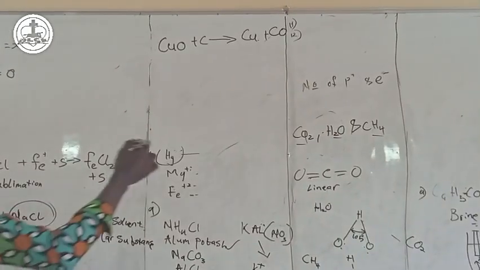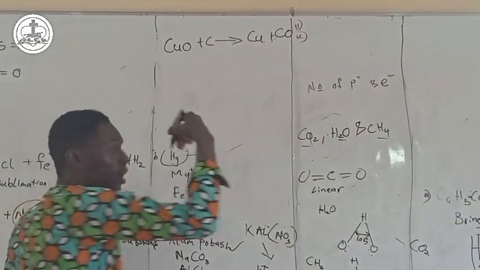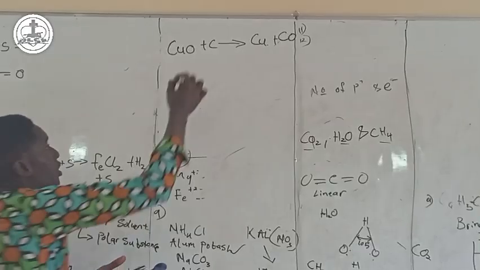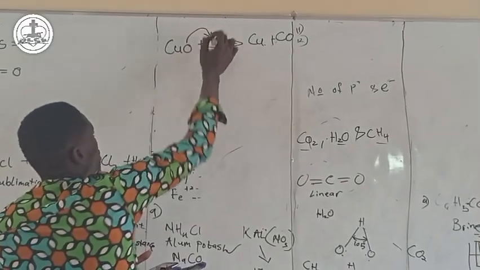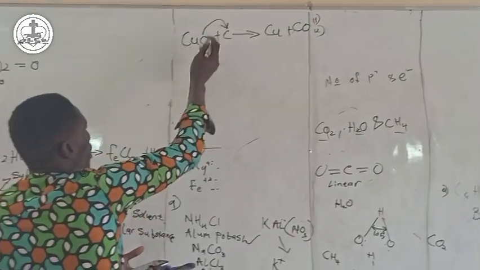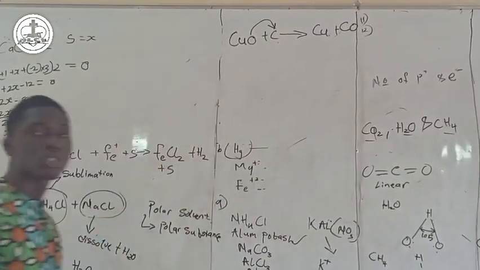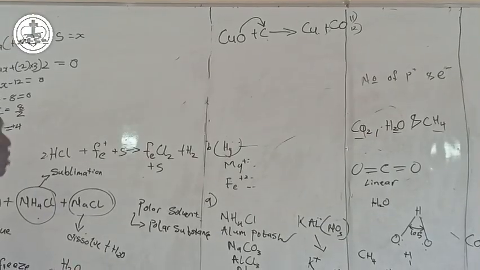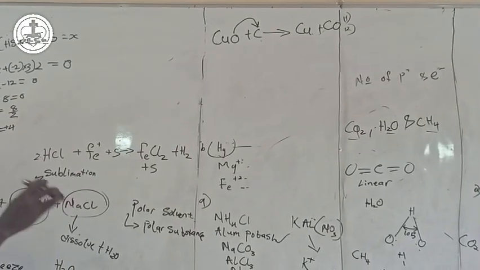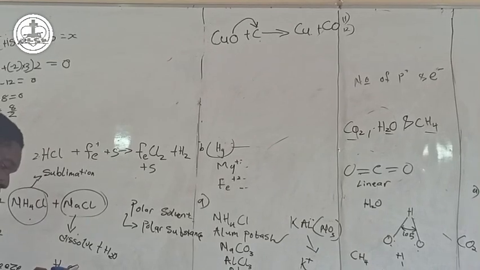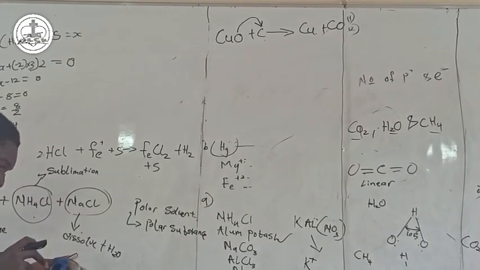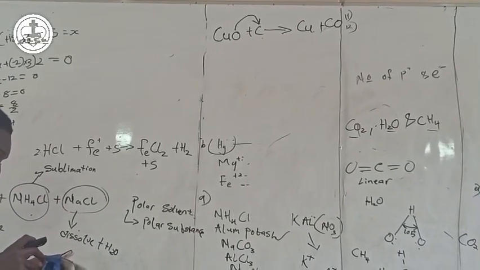Oxidation and reduction occur in this type of reaction. There's a transfer of oxygen to the carbon, so carbon is oxidized while copper is reduced. So that is the oxidation and reduction reaction.